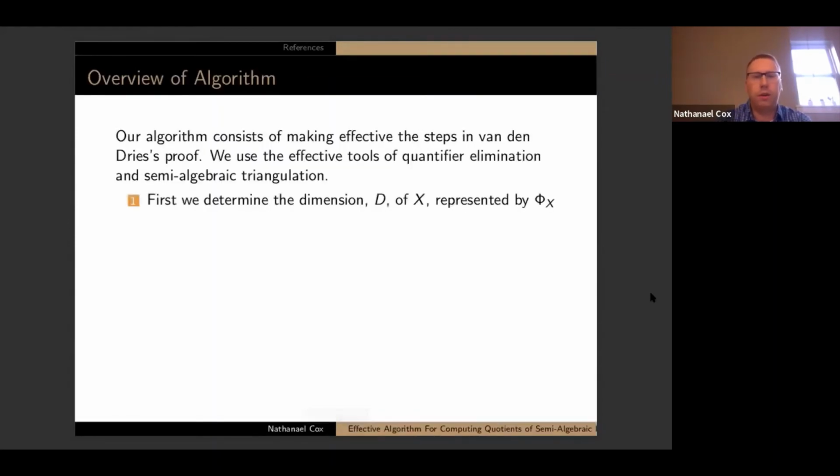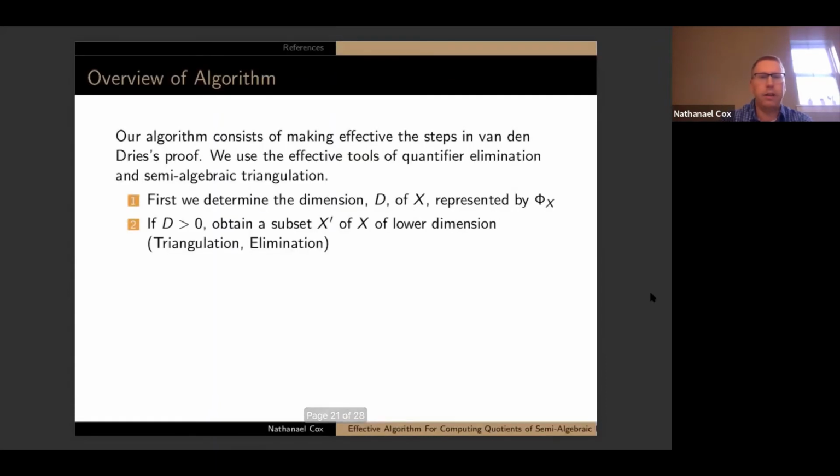So first we determine the dimension of our space X, which is represented again by phi of X, and there exist algorithms that allow you to do this. Right, and then if D is bigger than 0, you can use triangulation and quantifier elimination to obtain a subset X prime of X that is of a lower dimension.